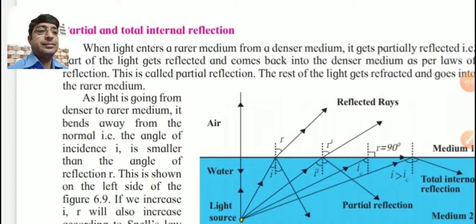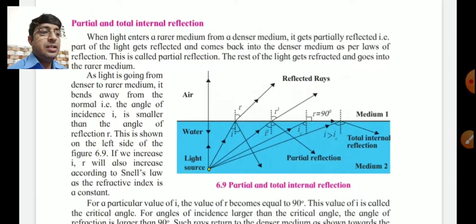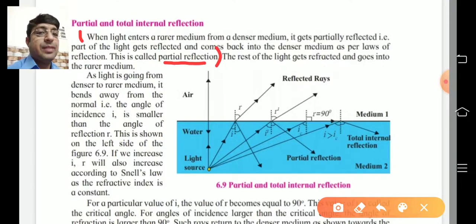Now see that, partial and total reflection. First point: the question asks for 1 mark or 2 marks like that. Define partial reflection. Mark the answer from here up to here.